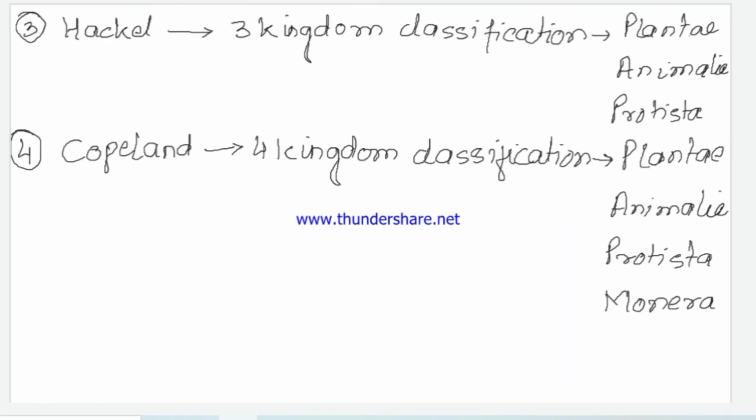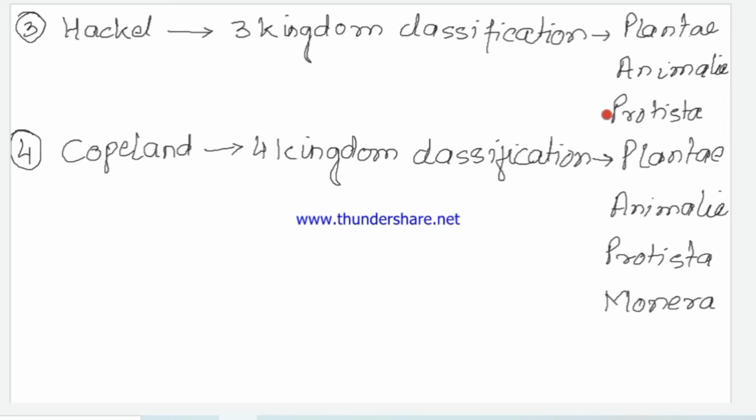So, in the next classification, which was proposed by Haeckel, all organisms were classified into three kingdoms, namely Plantae, Animalia and Protista. Protista actually included all unicellular organisms, both prokaryotic and eukaryotic. Earlier, all these were placed under Plantae.